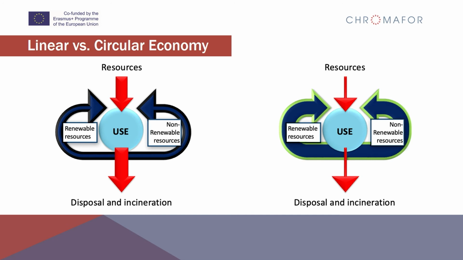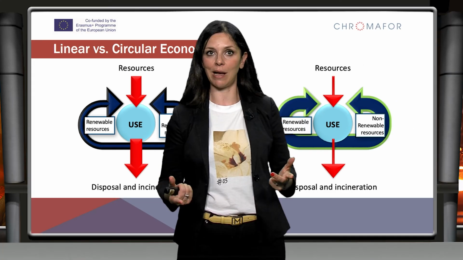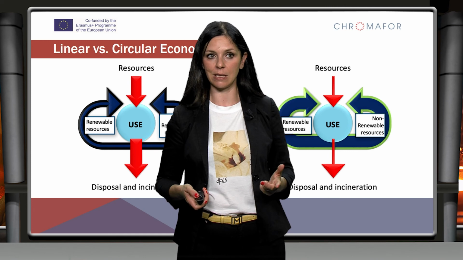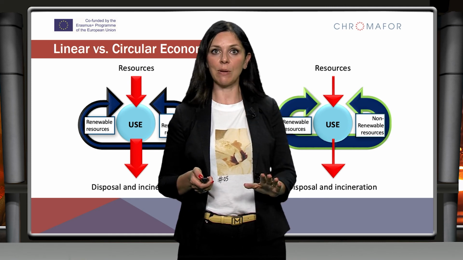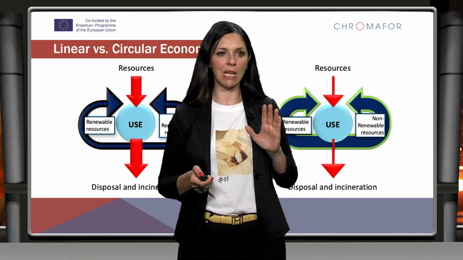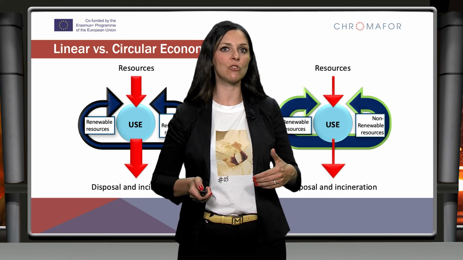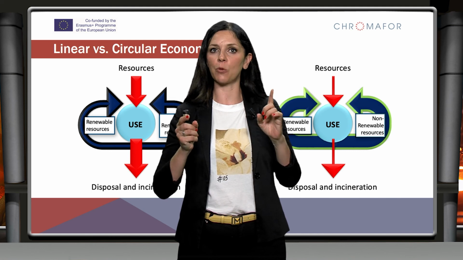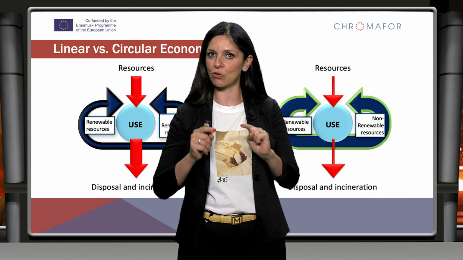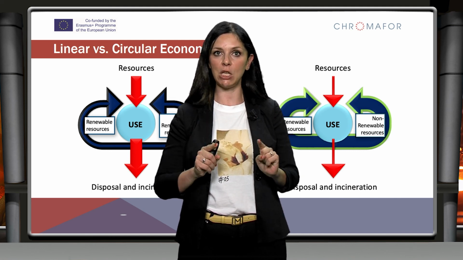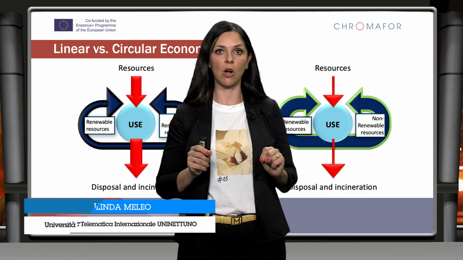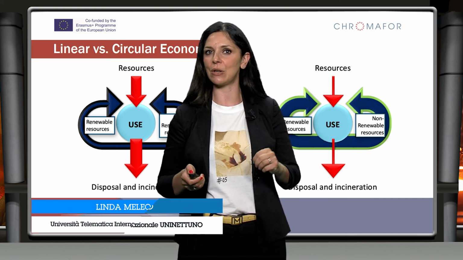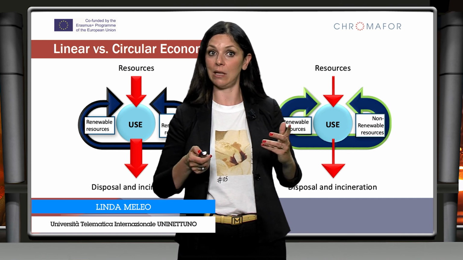And you have more material to recover and to use again in your production process or in your everyday activities. So this is a very important difference that we have to keep in mind in order to understand the opportunities related to circular economy, that are opportunities not only for the short term but also for the medium and long term strategies companies and consumers have to consider in their daily life or in their activities.